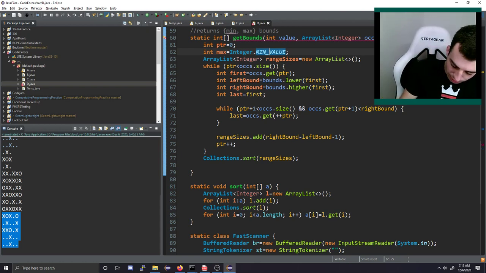So you have to be bigger than the second smallest, or bigger than the second biggest range. Smaller than the biggest range, or smaller than or equal to the biggest range.